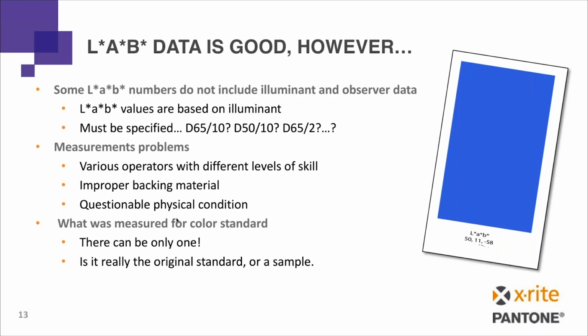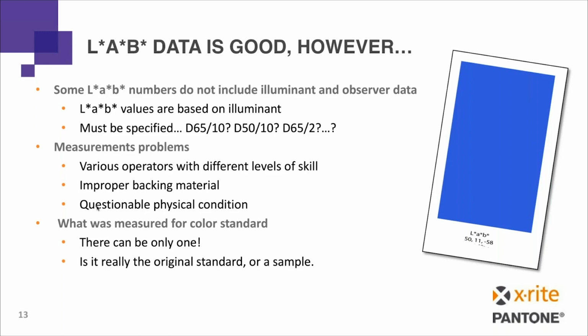Sometimes that's because they picked up the information and don't have complete information about it. Other problems that can occur with LAB data: who measured it? Did they measure it correctly? Was it measured on a dark table? Was it measured on a white tile? What was the condition of the sample?